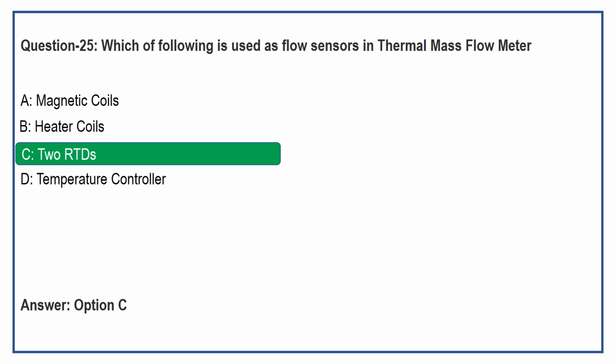Yes friends, two RTDs are used in a sensor tip of thermal mass flow meter. One RTD is heated by an integrated circuit and it functions as flow sensor, while a second RTD acts as a reference sensor and determines the gas temperature. So the correct answer is option C.